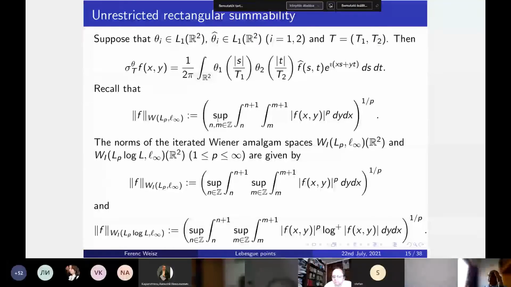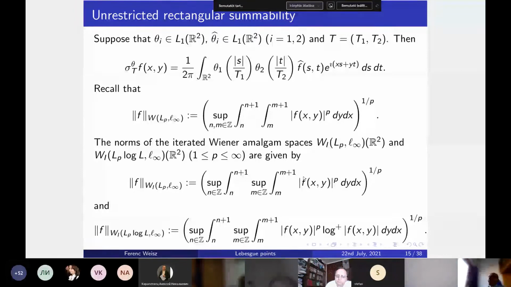If we go inside with one supremum, then we get a larger norm, and of course a smaller space. So a function f is in the iterated Wiener-Ramagen space LP L infinity if this expression is finite. You can see that I go inside with one supremum.